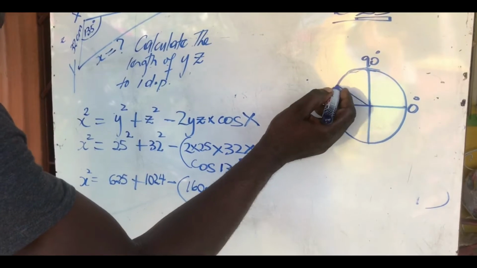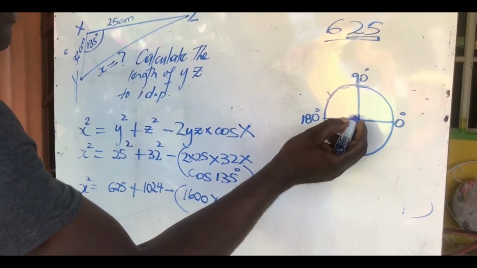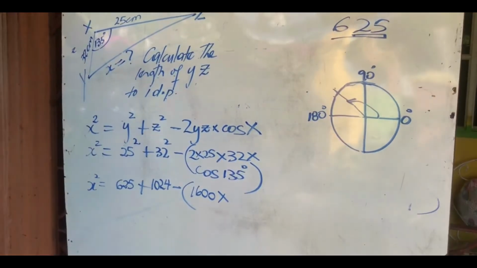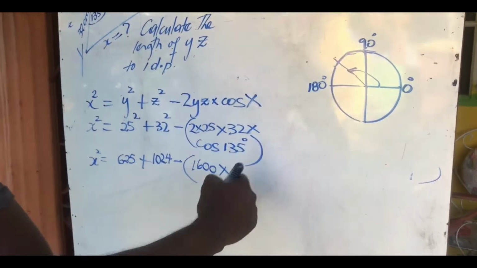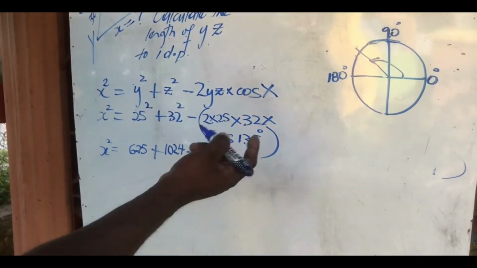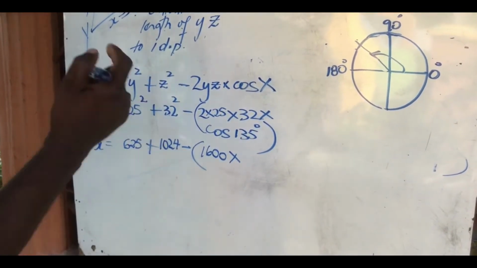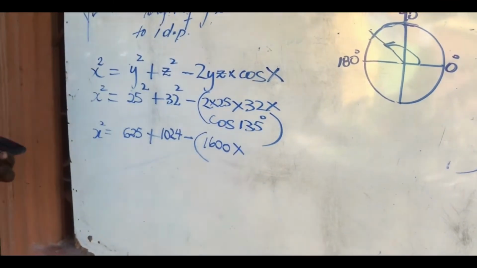So 90, 45, 135 is somewhere here. So this is an obtuse angle, and the cosine of an obtuse angle must have a negative ratio. So we know that cosine of 135 degrees must have a negative ratio.